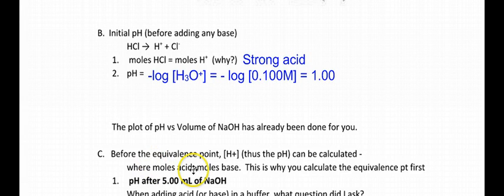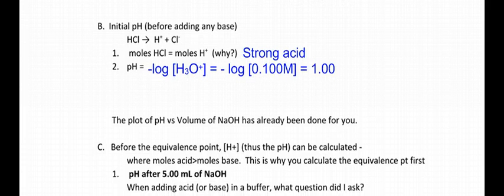So when moles acid is greater than moles base, this is for any volume less than the 25 mL that we showed on the prior page. This is why you calculate the equivalence point first: you will know that if you have any volume of base before 25 mL, then you're going to have more moles of acid than moles base. So let's see what we do.